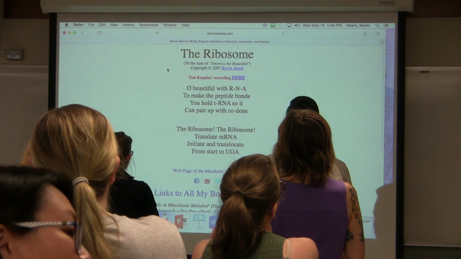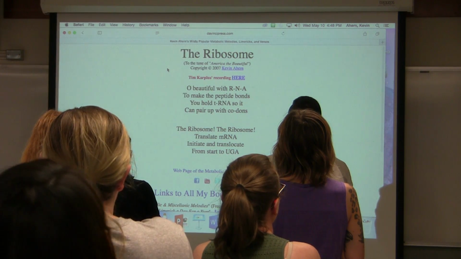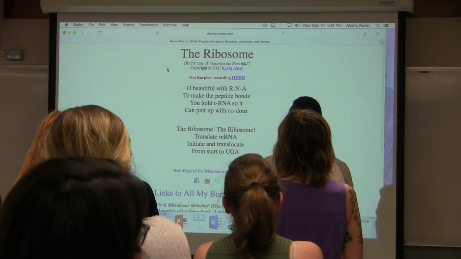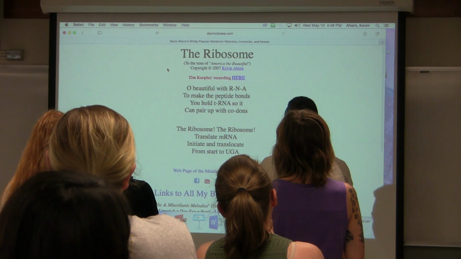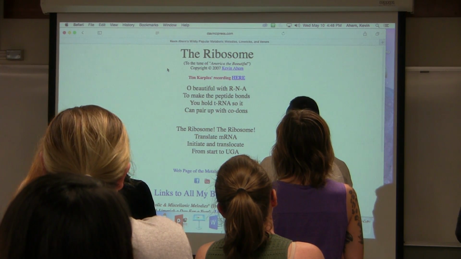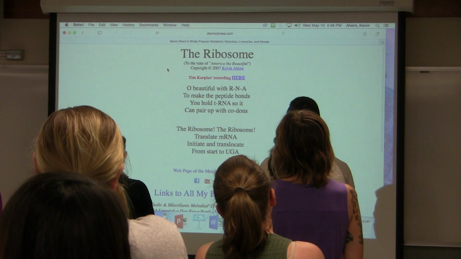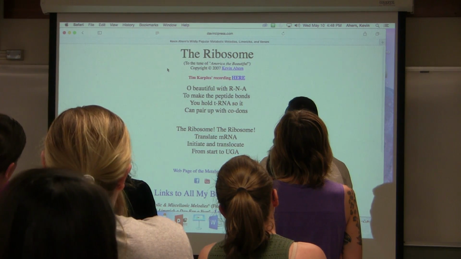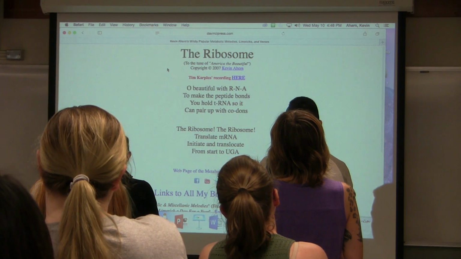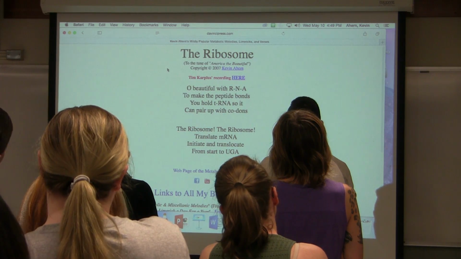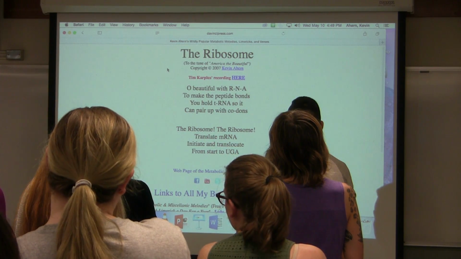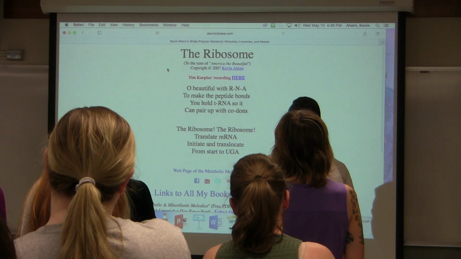You hold tRNA so it can pair up with codons. The ribosome, translate mRNA, initiate and translocate from start to UGA.